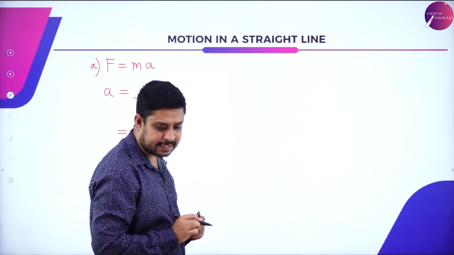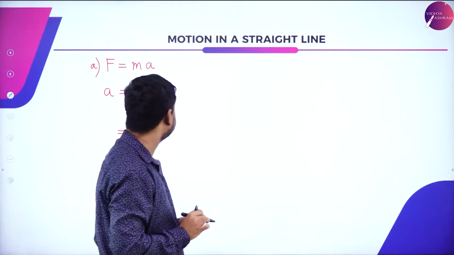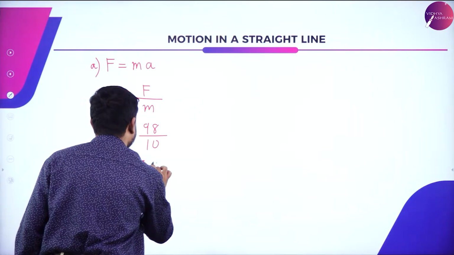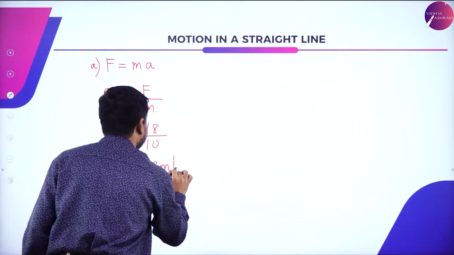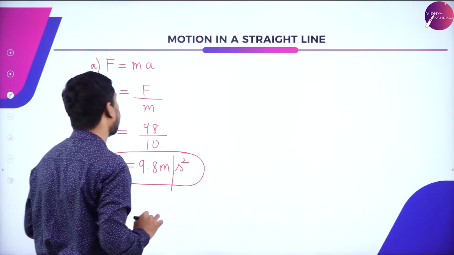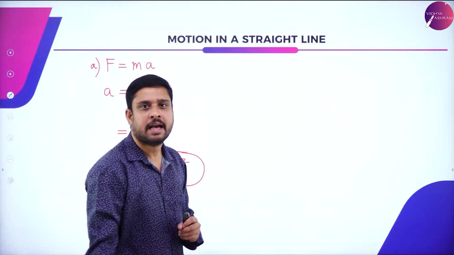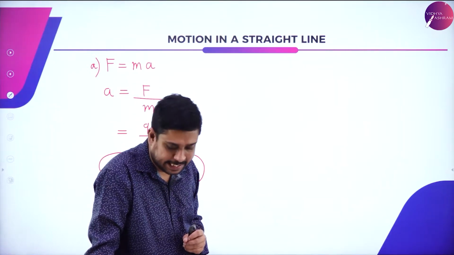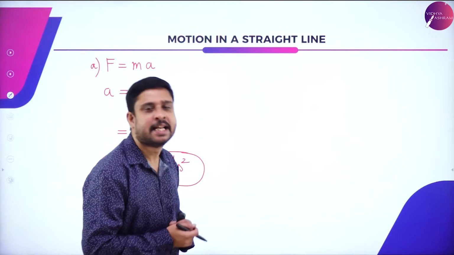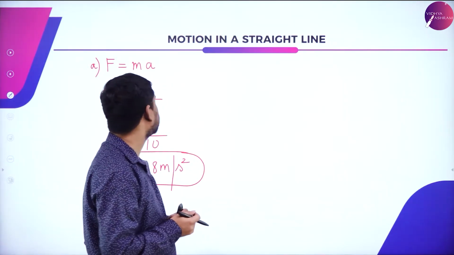So the acceleration turns out to be 9.8 meter per second square. So as the first part of the calculation, I have calculated the acceleration, which is 9.8 meter per second square.